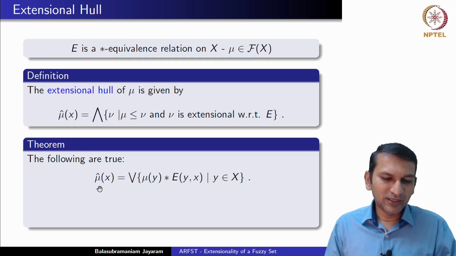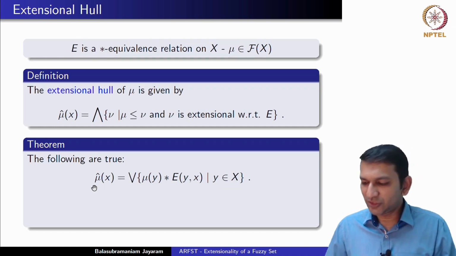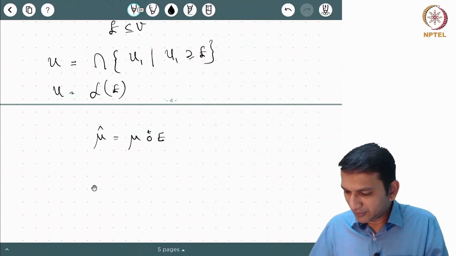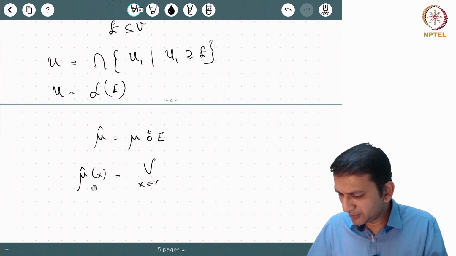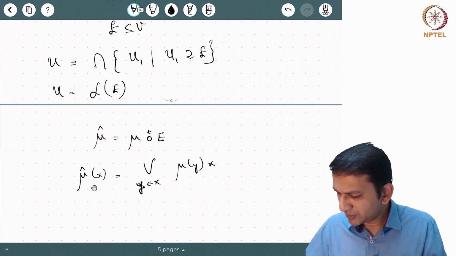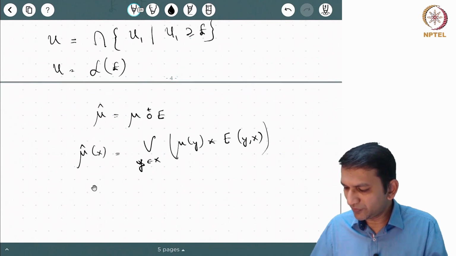Let's go ahead and prove that this mu cap is in fact the extensional hull. So what we are given is mu cap of x, the supremum over y element of X, of mu(y) star E(y,x). That is what is mu cap of x.